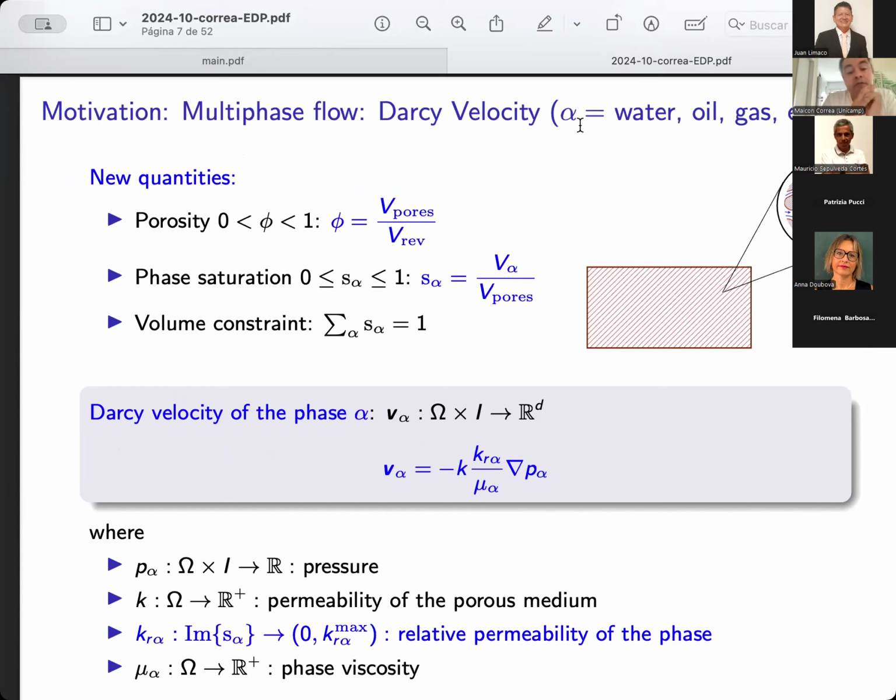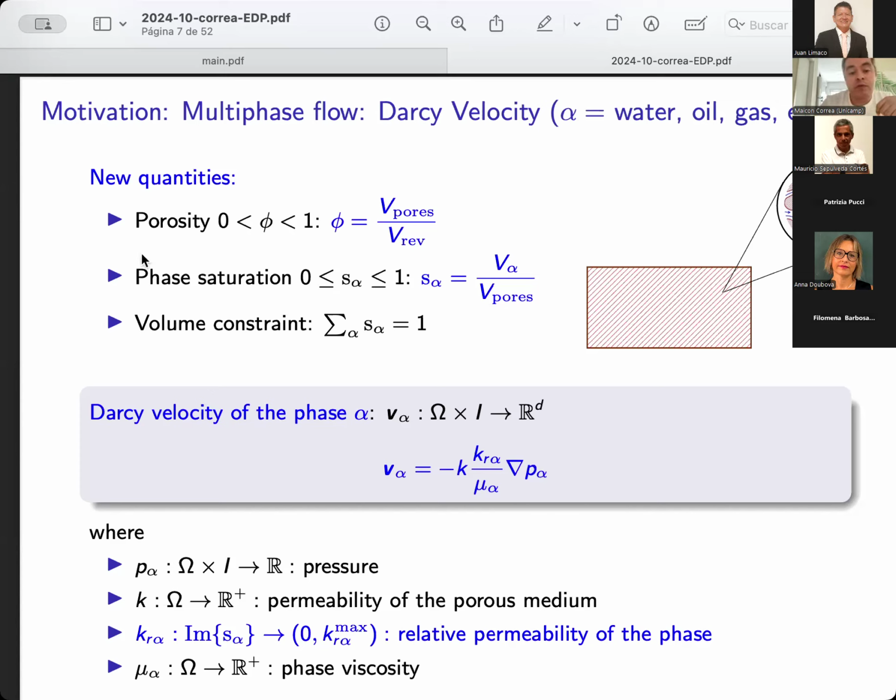For example, we can have water, oil, gas, lots of different phases flowing. And some new quantities appear. That's nice because these quantities only make sense in the representation of porous media flow. We don't have that in Navier-Stokes.